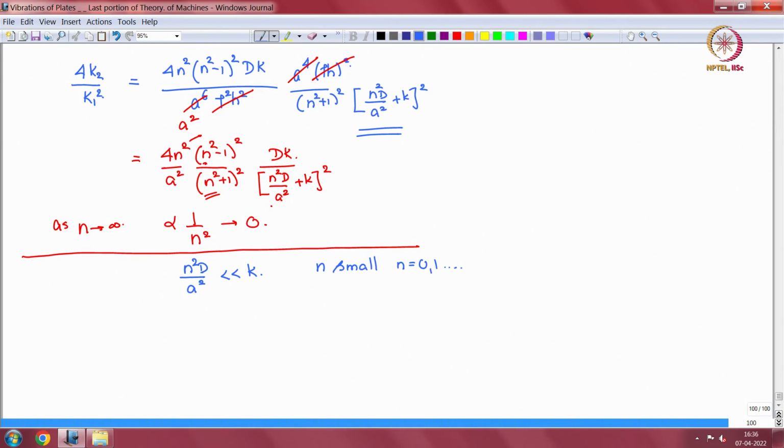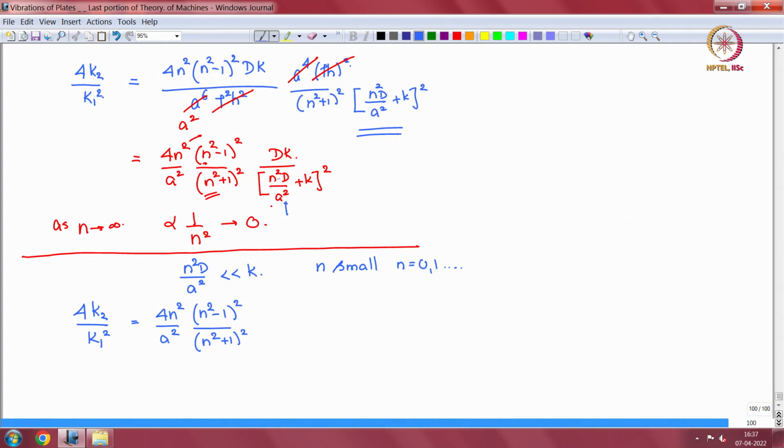So then k2 by k1 squared is equal to, just from here by dropping this term, 4n square by a square, n square minus 1 whole squared by n square plus 1 whole squared.